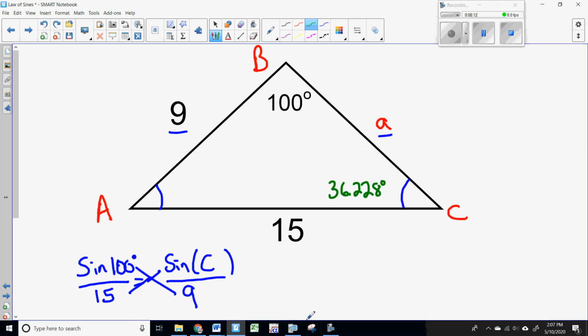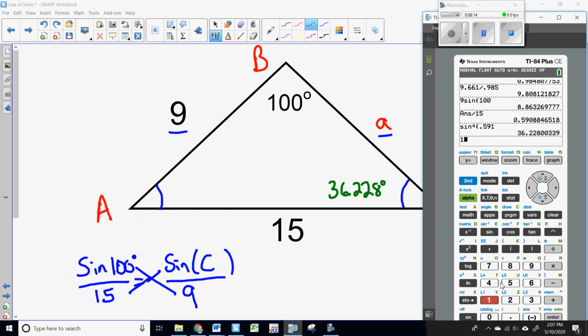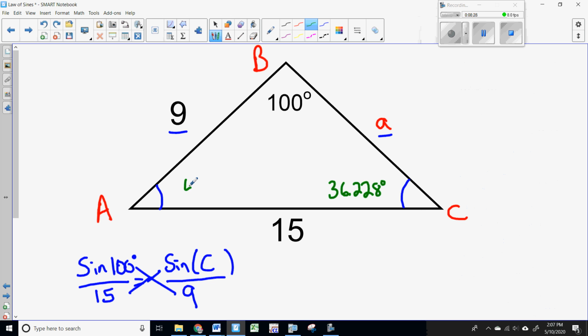Now, to find angle A, I have to go back to my calculator, and I need to subtract 100 minus 36.228 and get 43.772. And now I have one more step.